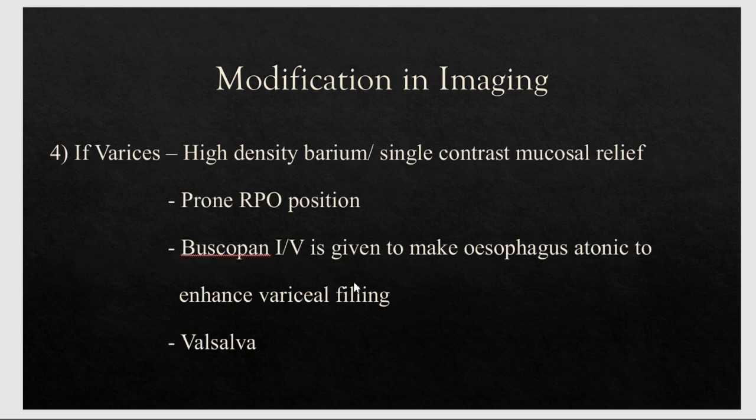If there are esophageal varices, usually a single contrast mucosal relief pattern is required, and in this case we are going to use high density barium. The patient is in prone right posterior oblique position, and Buscopan IV is given to make the esophagus atonic to enhance variceal filling.